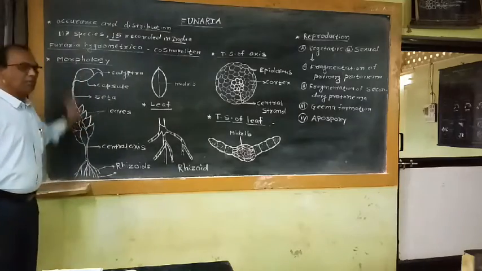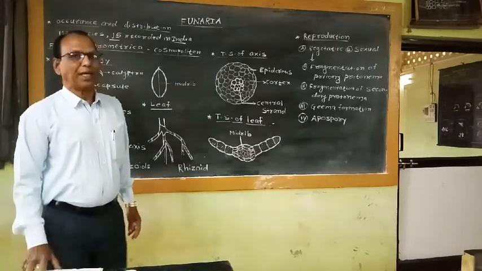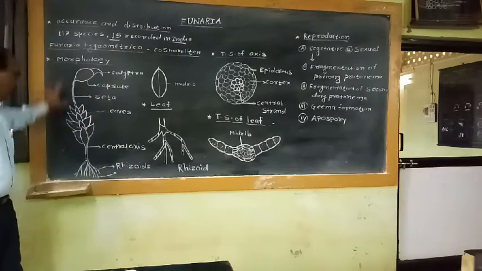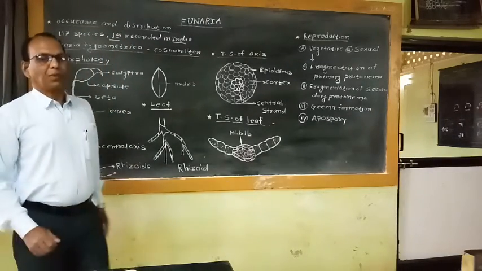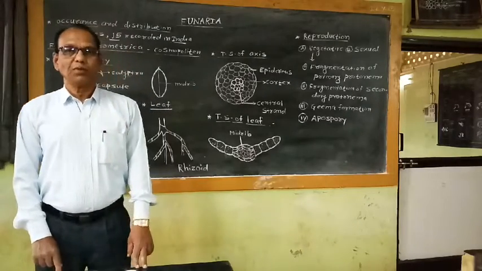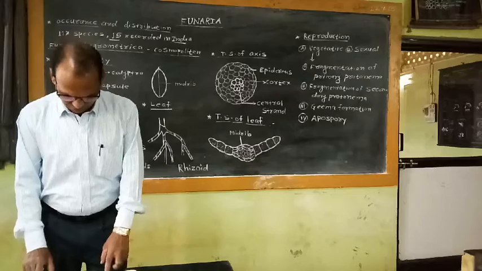So if we observe the morphological characters of this Funaria, the main plant body of this Funaria is a gametophyte, and this gametophyte shows two stages.